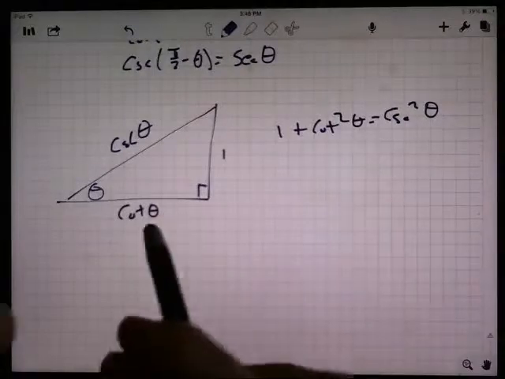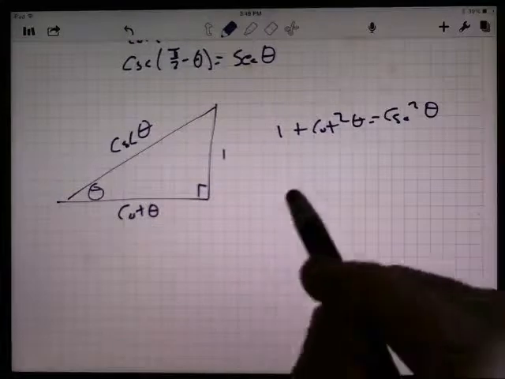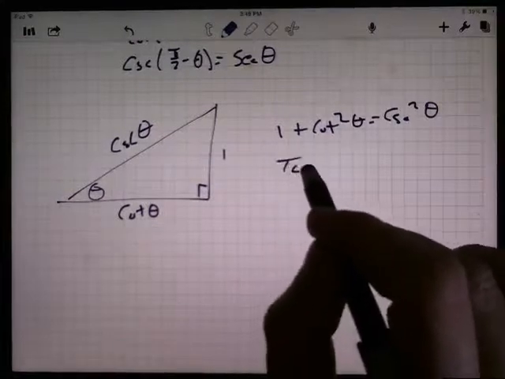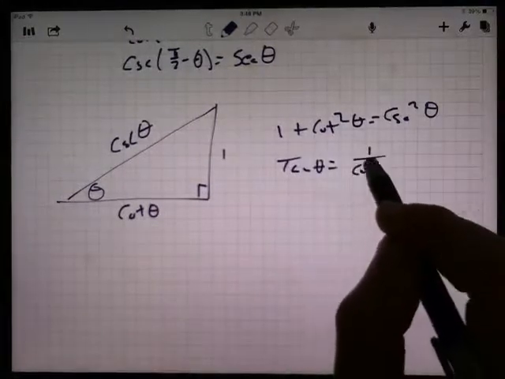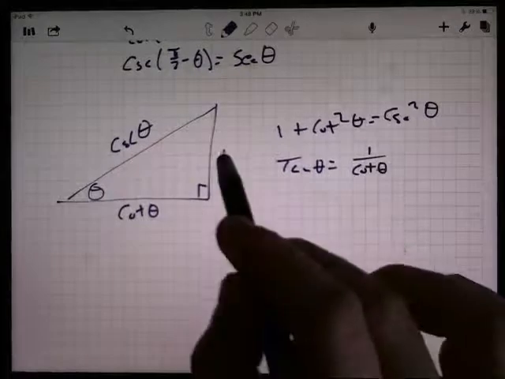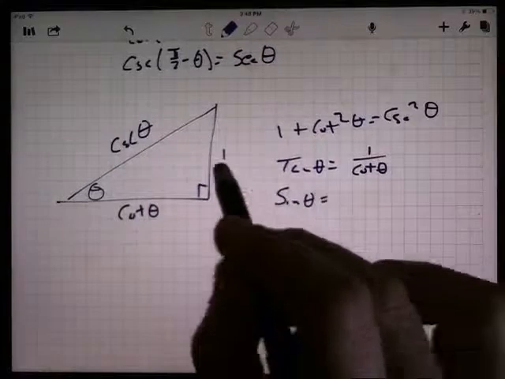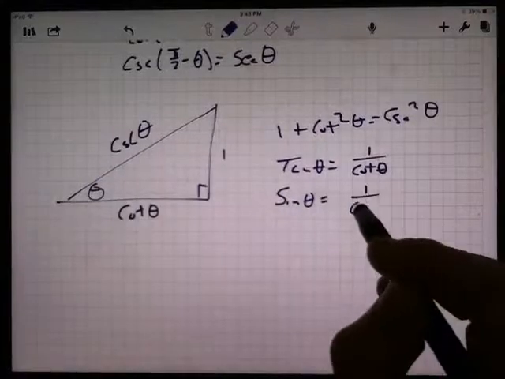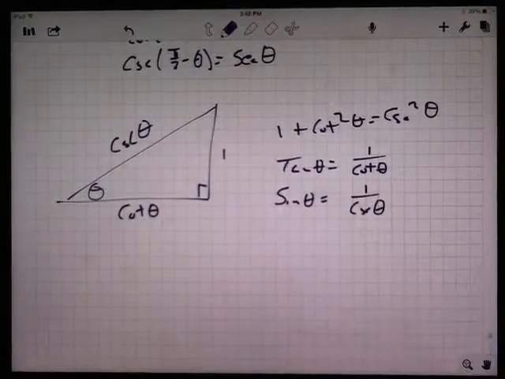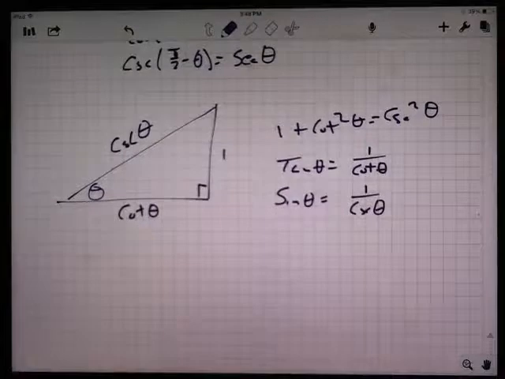But this is a good picture for a lot of identities, because this one also tells me things like the tangent of theta is 1 over the cotangent of theta. Opposite over here. I can see that the sine of theta is 1 over the cosecant of theta. I can see, there must be some quotient things here.